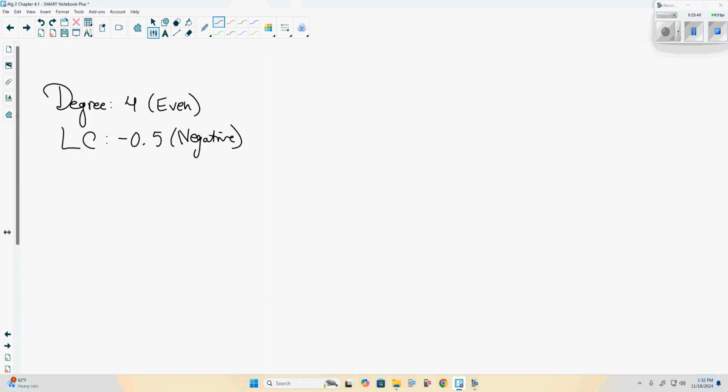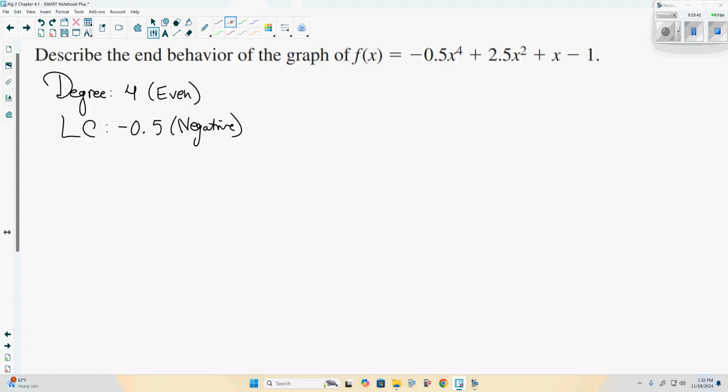So what we're going to say is our answer for end behavior is that f of x approaches negative infinity as x approaches negative infinity. And f of x approaches negative infinity as x approaches positive infinity.